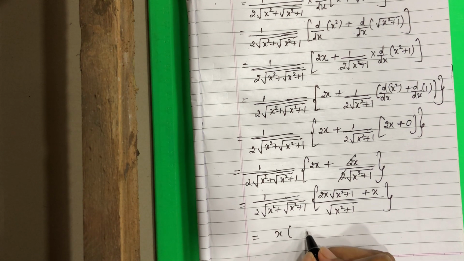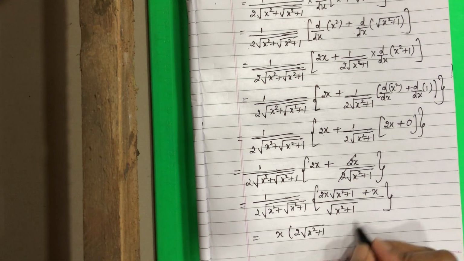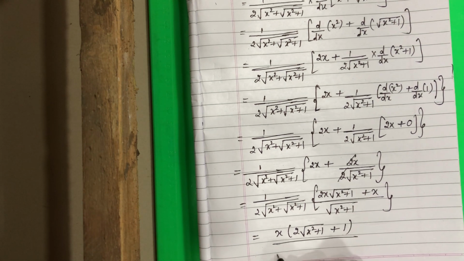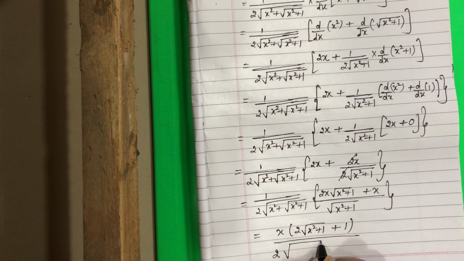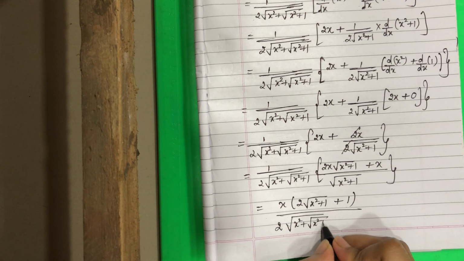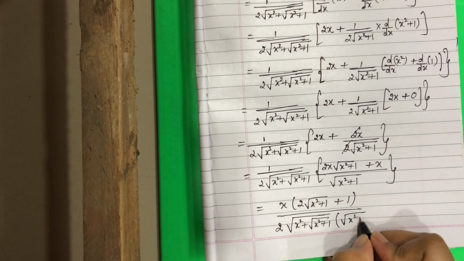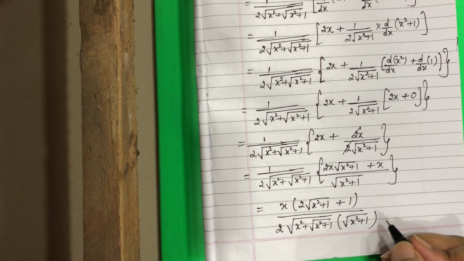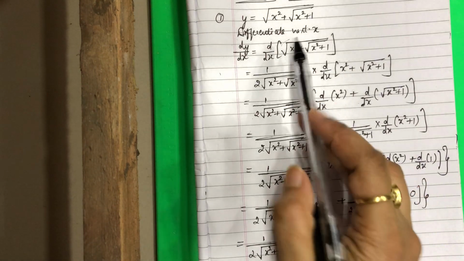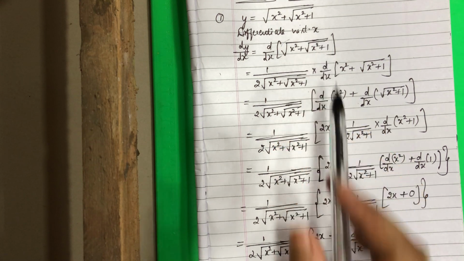The remaining term would be 2 root x square plus 1 plus 1 upon 2 root x square plus root x square plus 1 bracket root of x square plus 1. So this is your differentiation of square root of x square plus root x square plus 1.